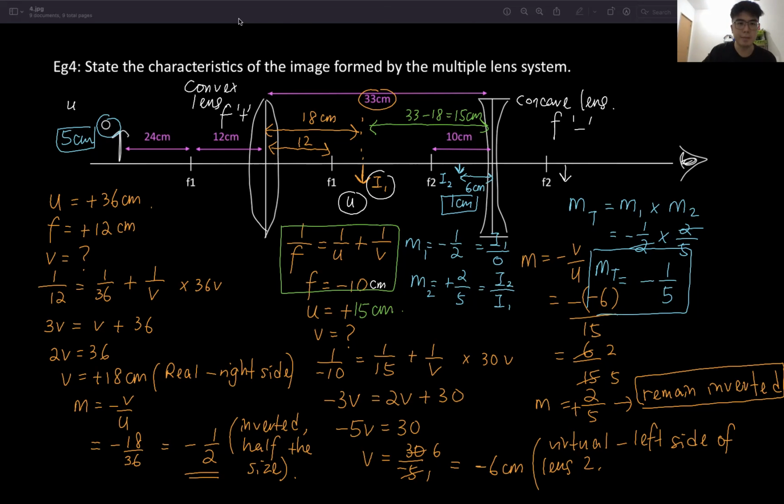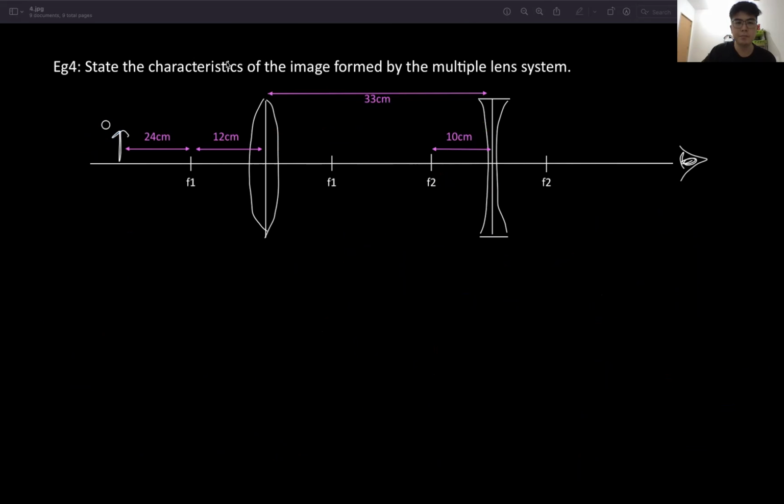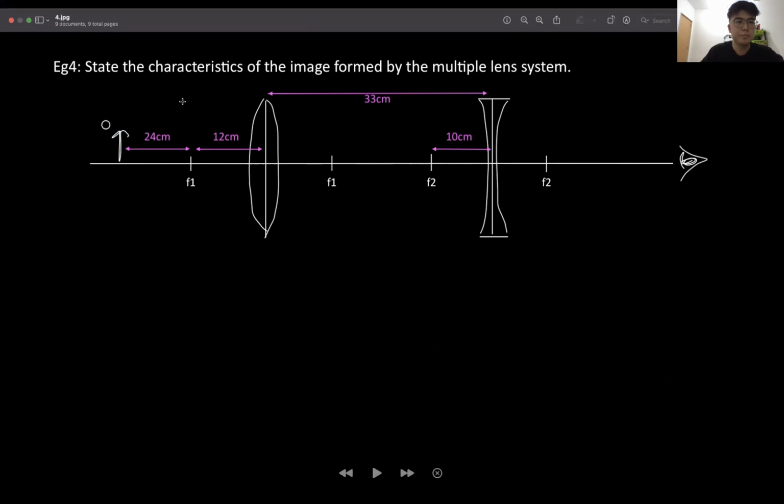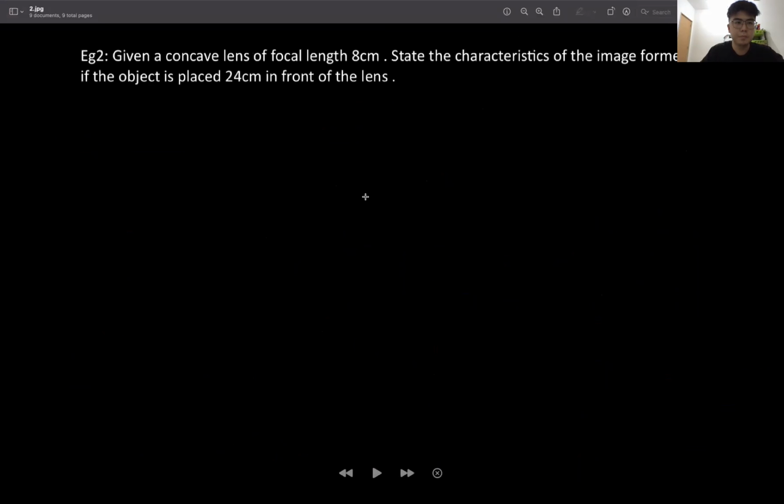Okay, I will erase this. Okay, now we talk about the power of a lens.